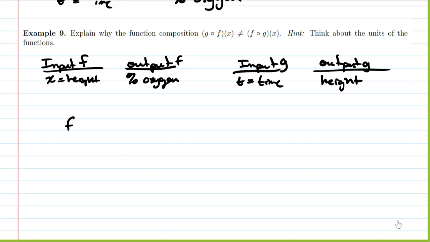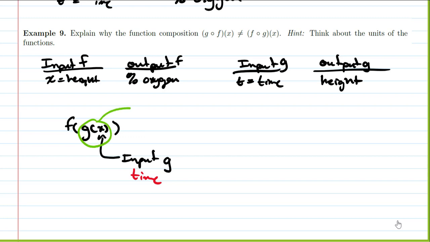So if I think of what f circle g of x means, by unpacking this, on the inside, this is the input of g. And what is the input of g in our case? Time, and then g itself, the whole thing, what is its output? A height. Well, that's good, because what does f expect for its input? It wants a height. So this makes sense.